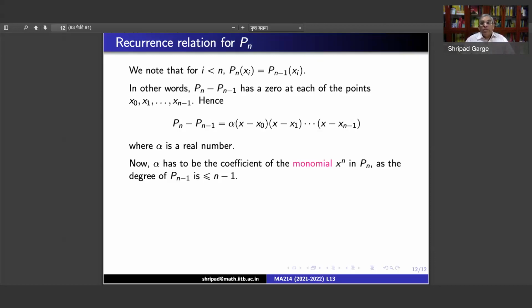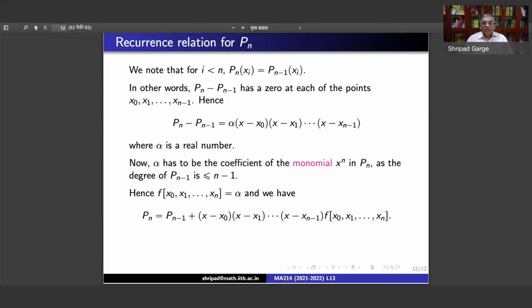So alpha has to be the coefficient of the monomial x power n in the left hand side, and therefore in the polynomial Pn itself, because the degree of Pn minus 1 is at most n minus 1. It will not touch the degree of the highest term. And therefore f[x0, x1, up to xn] is alpha. So what we have done is that we have written Pn minus Pn minus 1 as our divided difference into x minus x0, x minus x1 up to x minus xn minus 1.